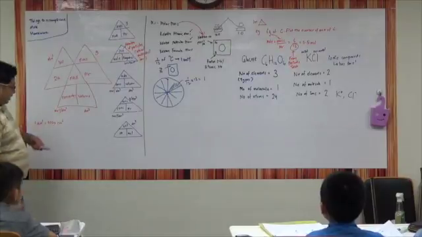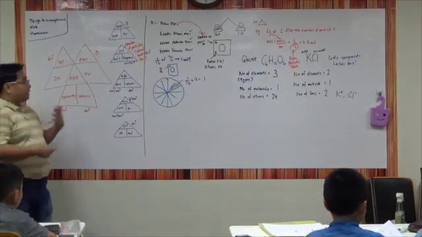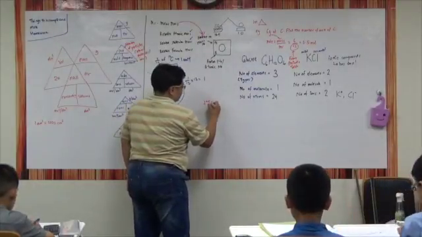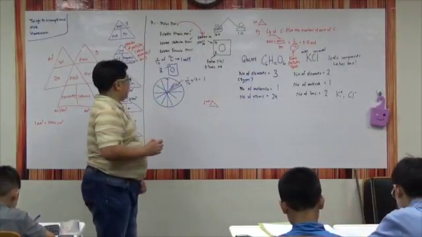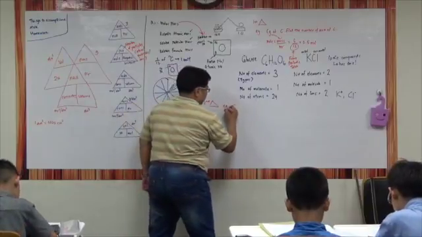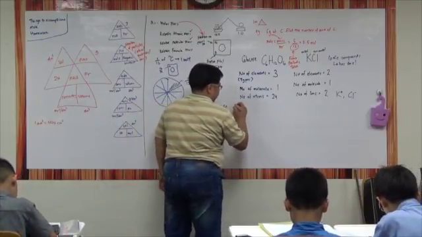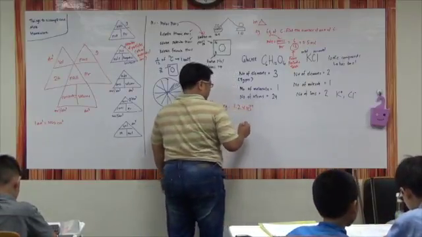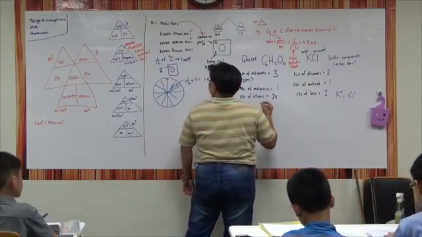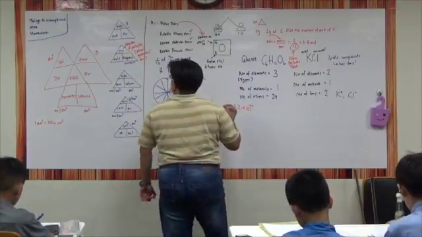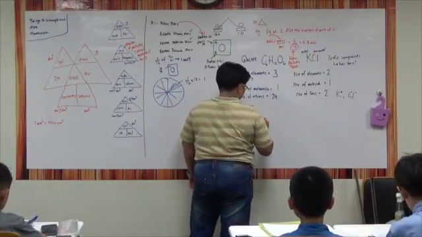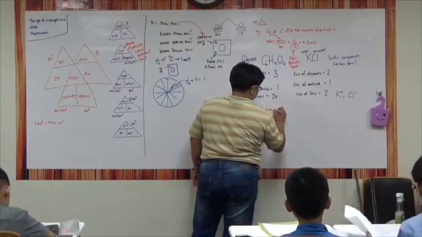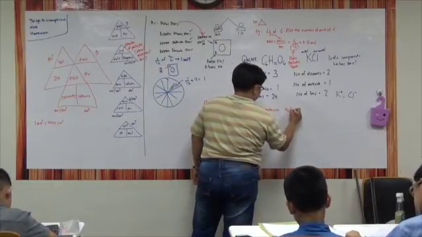They say the number of what? Example, the second triangle. They say that there are 1.2 times 10 to the power of 24 molecules of H2O.